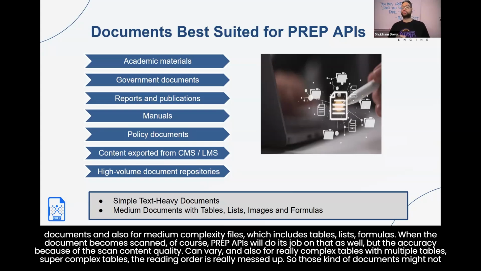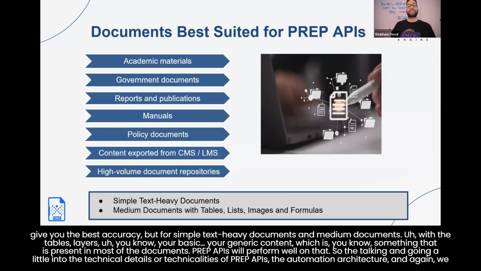And also for really complex documents, with multiple super complex tables or a reading order that is really messed up, those kinds of documents might not give you the best accuracy. But for simple text-heavy documents and medium documents with tables, lists, your basic, generic content, which is present in most documents, Prep APIs will perform well.